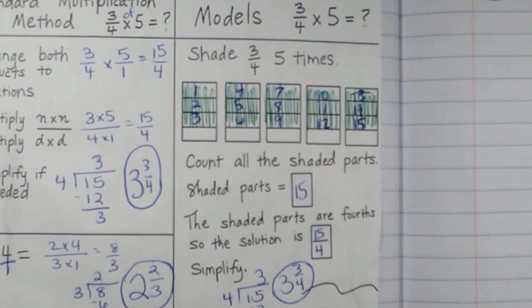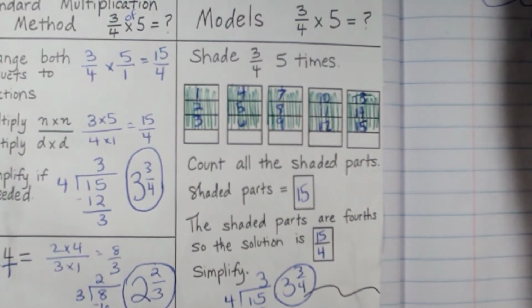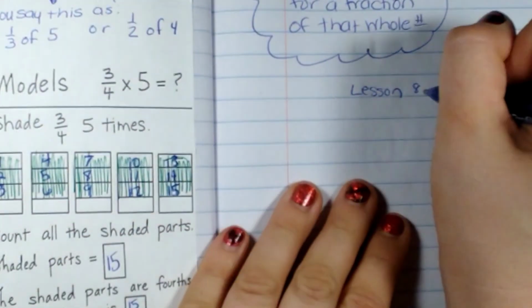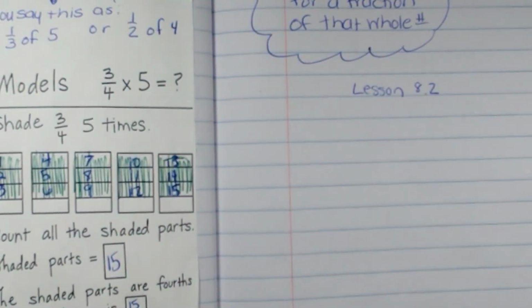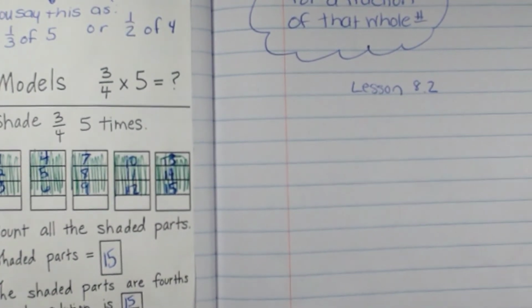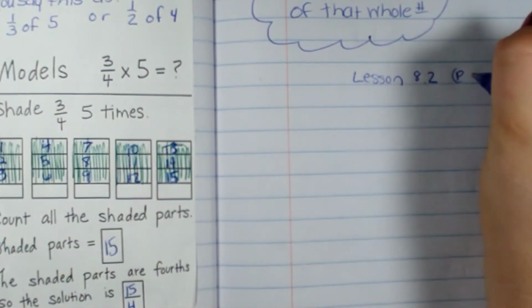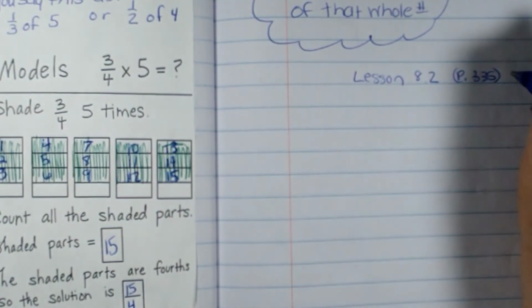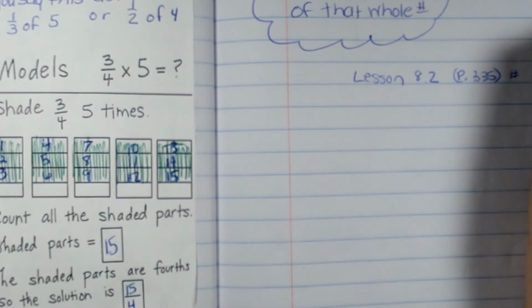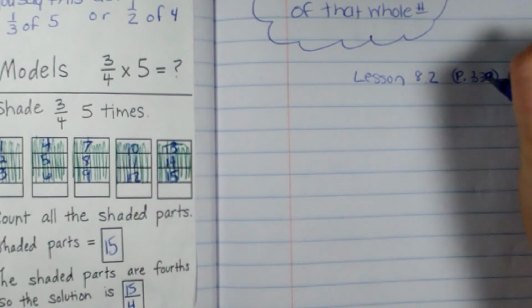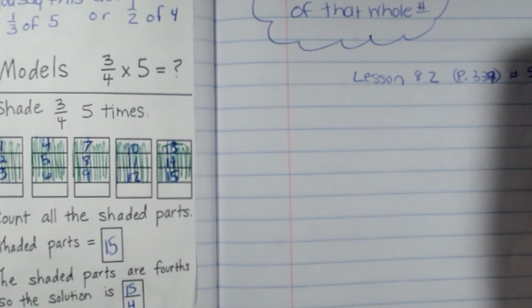So let's do some examples. In your textbook, this is lesson 8.2, volume 2. I'm going to go to page 339, I apologize, not 335. I'm going to do numbers 5 through 7.